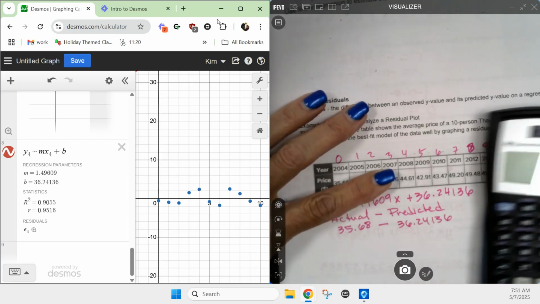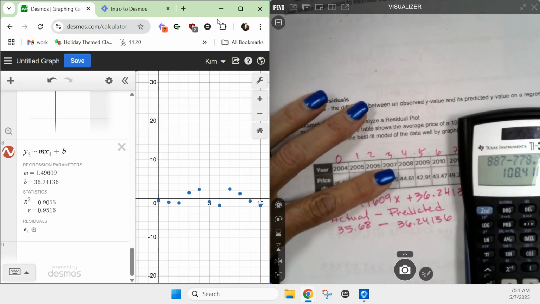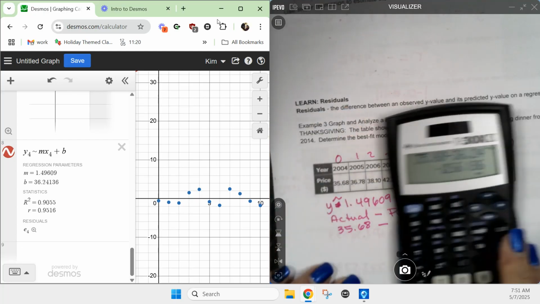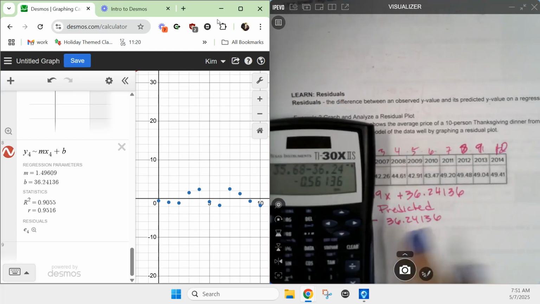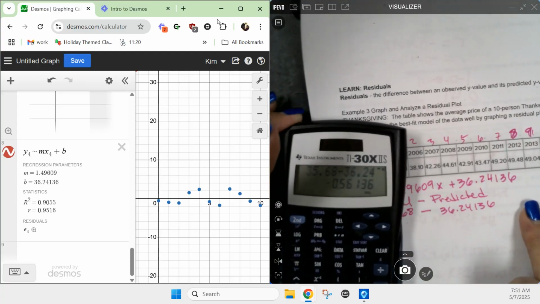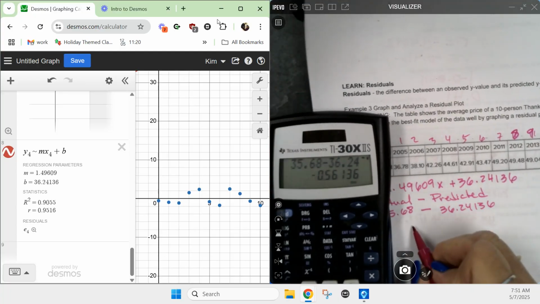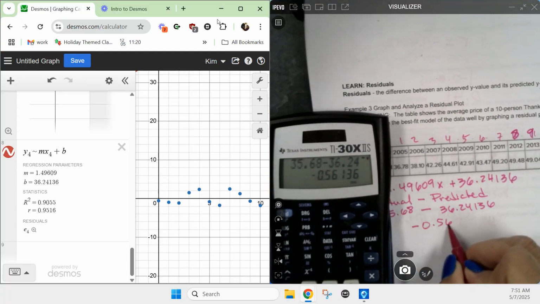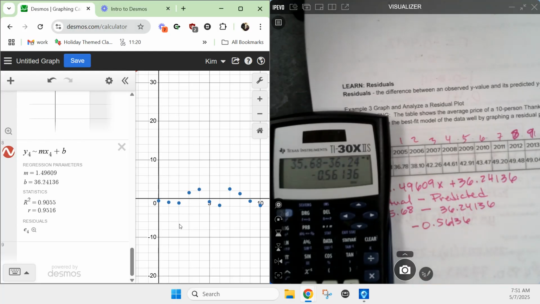So if I take my calculator and do 35.68 minus 36.24136, I would get negative 0.56136. Oops, I forgot the 1. And if I look over here and click on this dot right here, look, the exact same information.